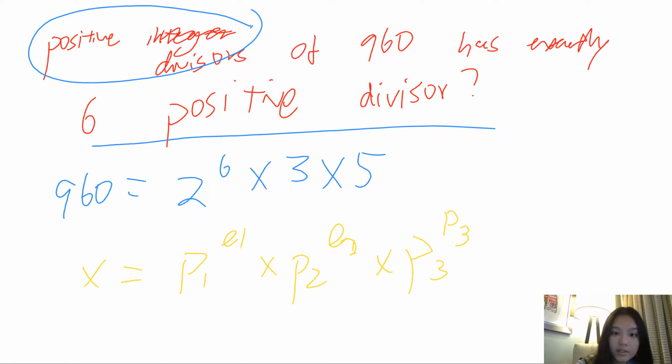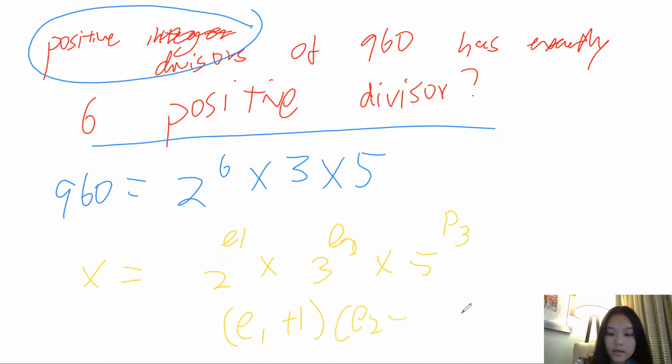And actually, we know what P1, P2, P3 are. They are 2, 3, and 5. So you want (E1 plus 1) times (E2 plus 1) times (E3 plus 1) equal to 6.